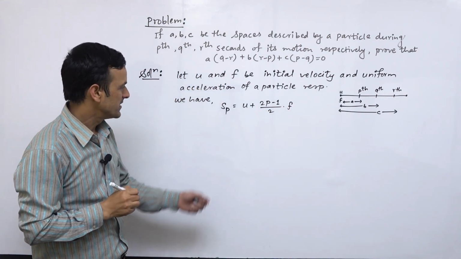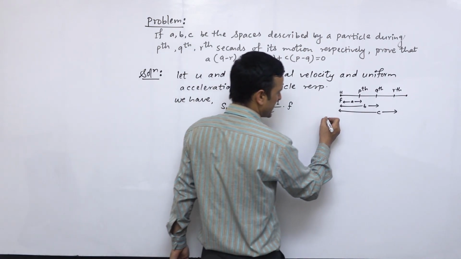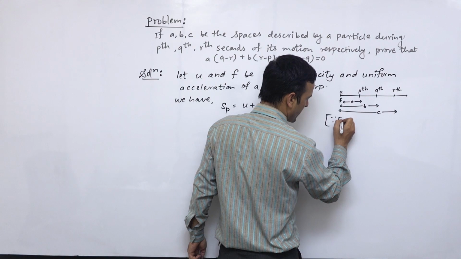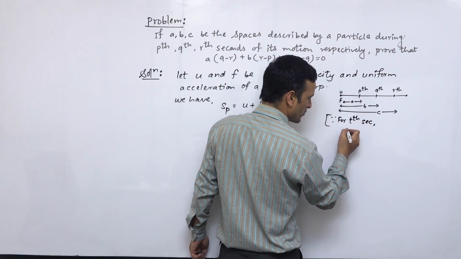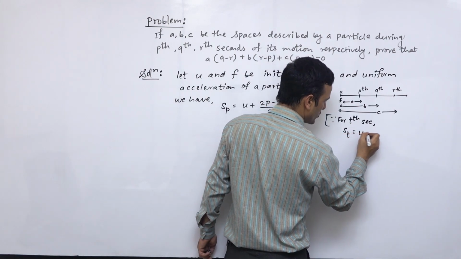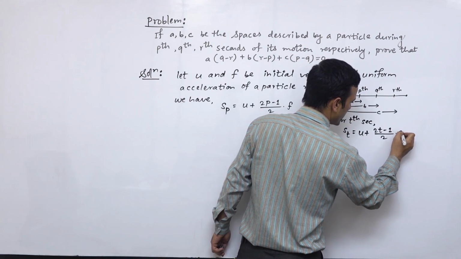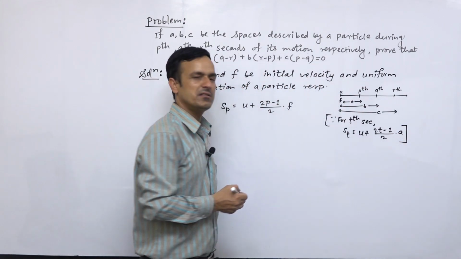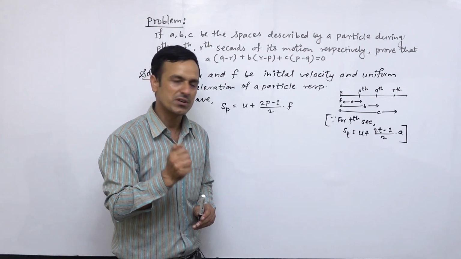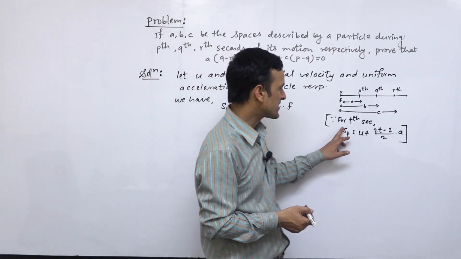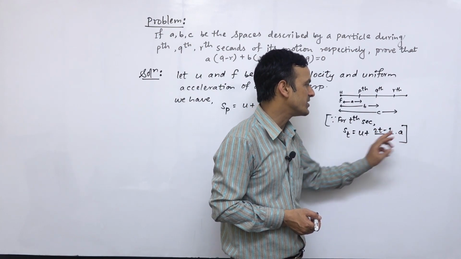This is the value obtained by using the formula. For the tth second, the formula is St is equal to u plus (2t minus 1) divided by 2 into a. So this is the main formula for the tth second or a particular time.